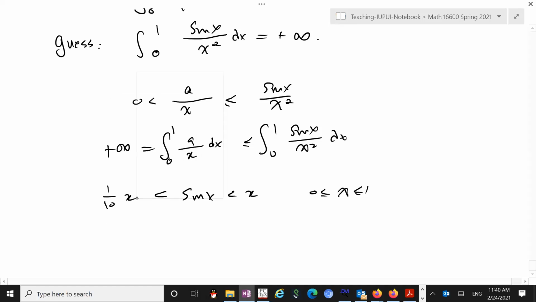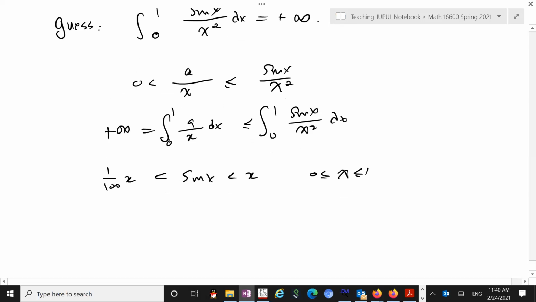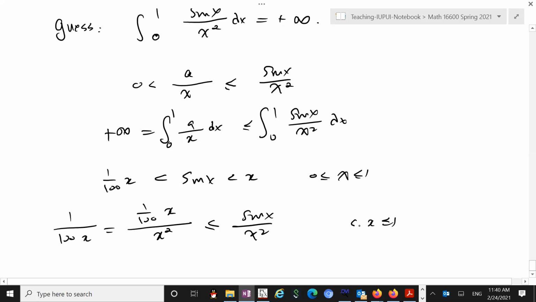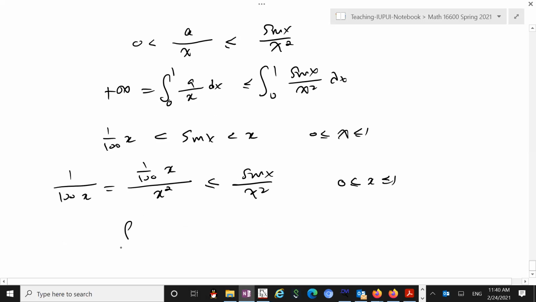Let's put that aside, and if you're not sure, then put 100. That is why sine x over x squared is greater than or equal to x over 100 x squared, which is just equal to 1 over 100x, for x between 0 and 1. So that forces the integral from 0 to 1 of 1 over 100x dx to be infinity.